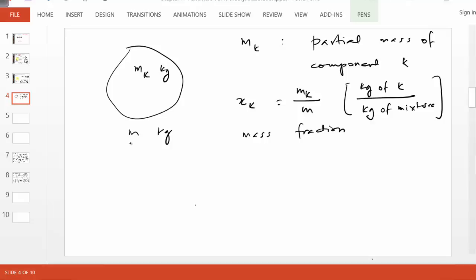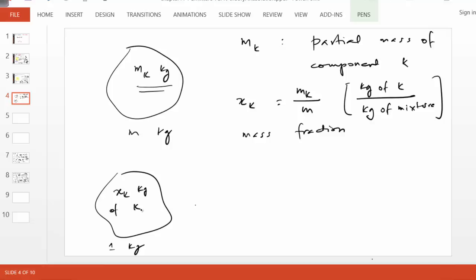So when we have an m kg of a mixture, each component has a mass of mk kg. The physical meaning of xk could be, suppose we start with 1 kg of a mixture, then it will have xk kg of k in it. So that's another way of looking at it.